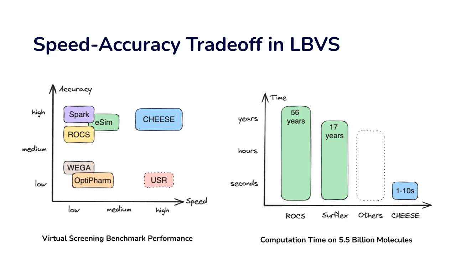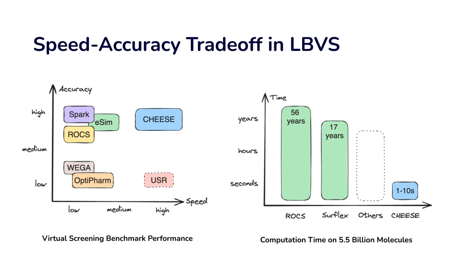There are methods as accurate or even more accurate than CHEESE, which are doing 3D shape similarity screens, or even docking methods, let's say. And then there are methods as fast as CHEESE, but lacking the accuracy of these computationally heavy approaches.